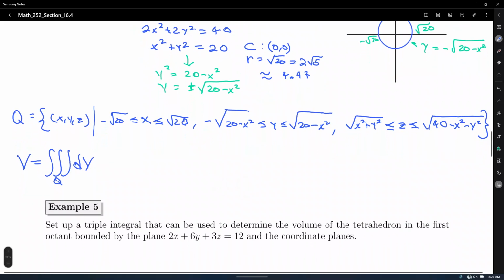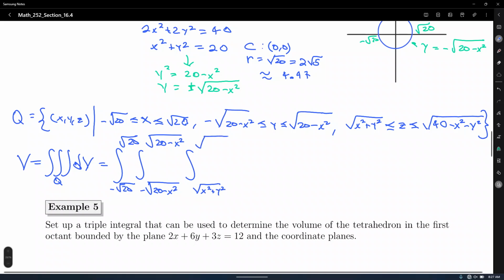All right. So that'll be the triple integral from negative root of 20 to positive root of 20, from negative root of 20 minus x squared to root of 20 minus x squared, and from the cone below, the square root of x squared plus y squared, to the square root of 40 minus x squared minus y squared.